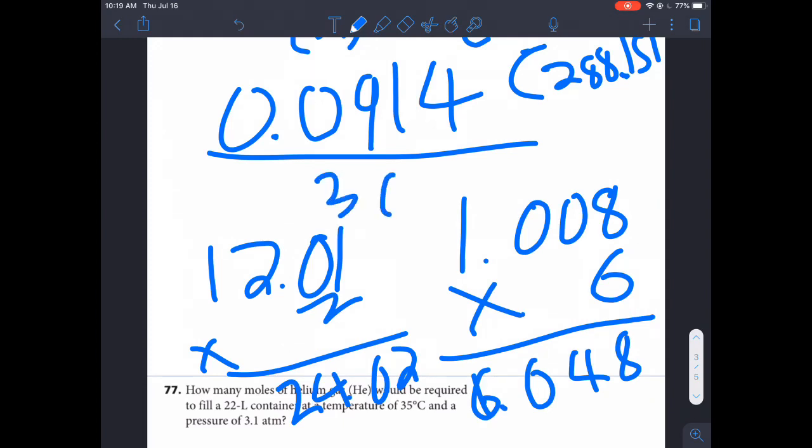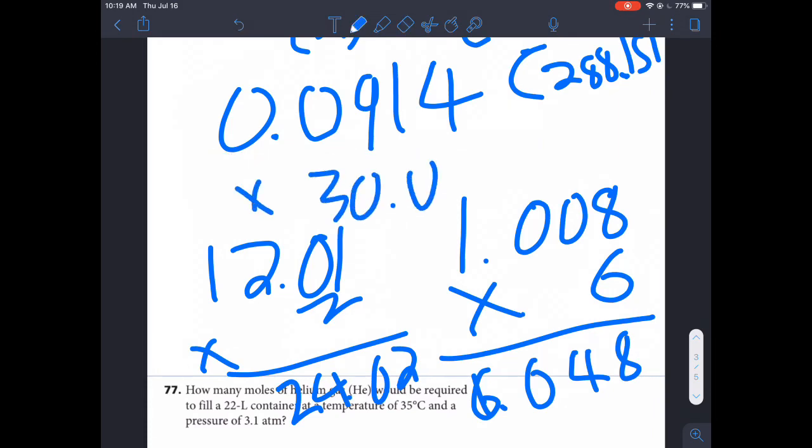So we'd multiply this number by 30.048. And we're going to get about 2.75 grams.